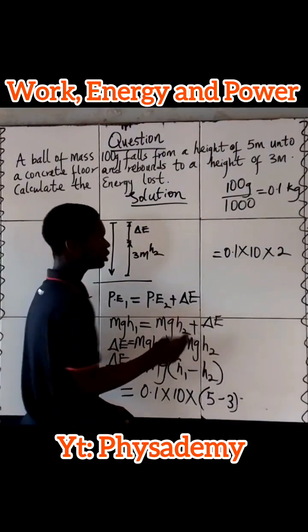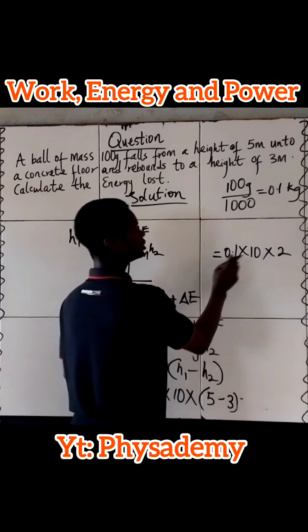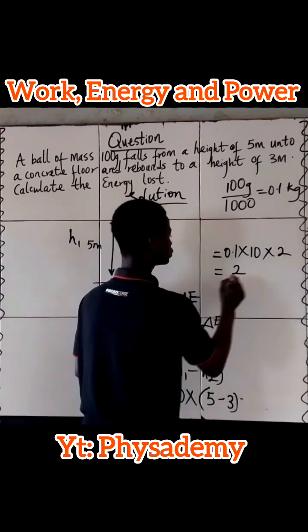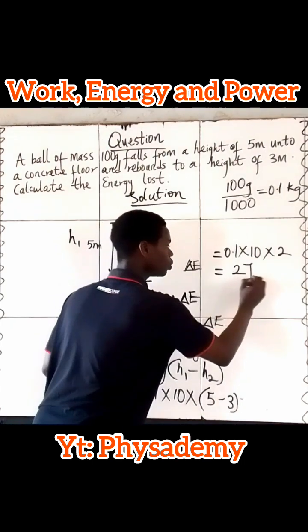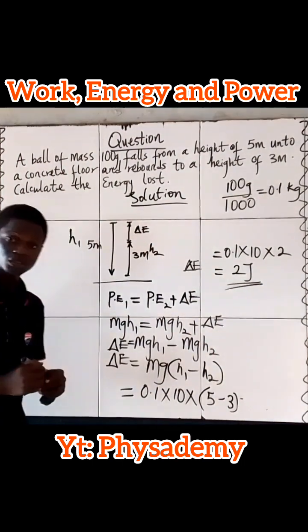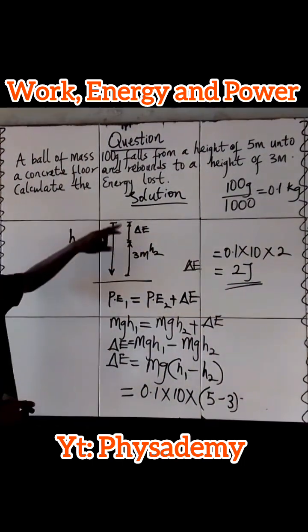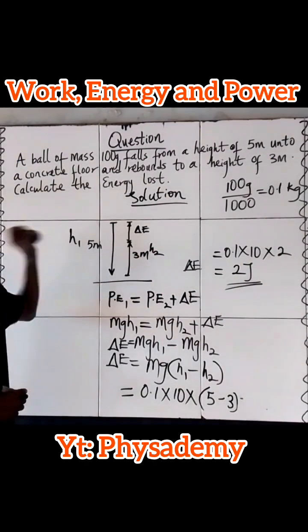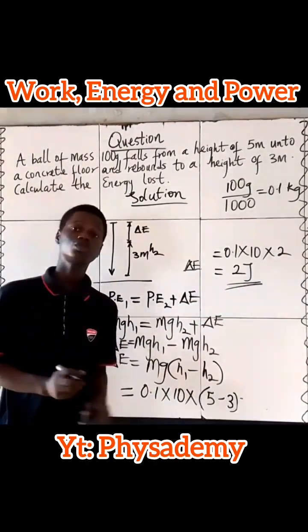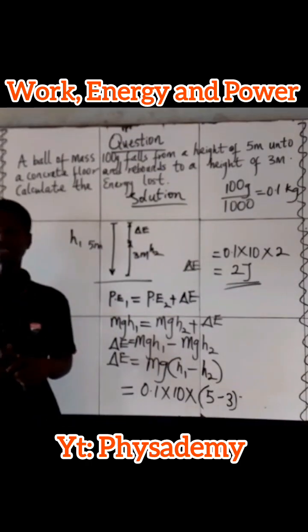Let's do this together: this gives us 1 times 2. So the change in energy for this question will be 2 joule, because joule is the unit for energy. So the energy lost in rebounding to a height of 3 meter from a height of 5 meter is 2 joule. And this is simply the answer to this question.